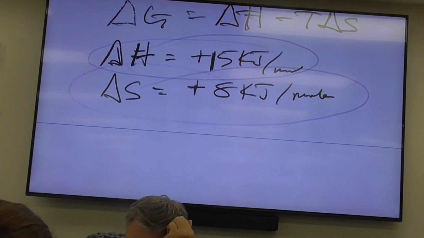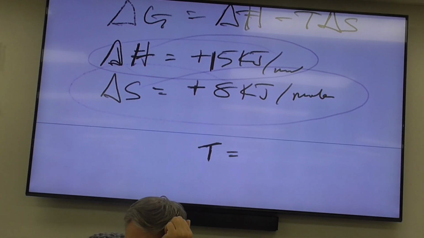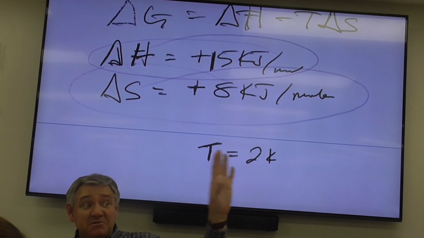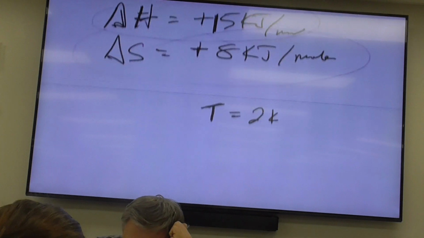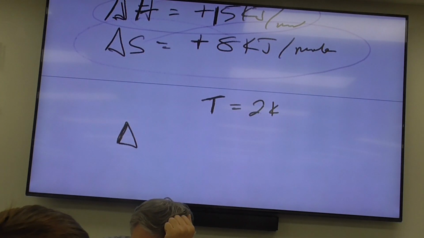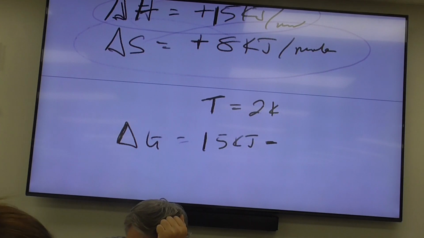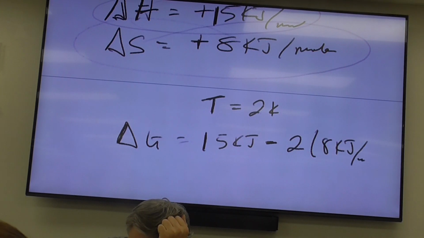So here's what I'm going to do. I'm going to let, for the sake of argument, the temperature be 2 Kelvin. Okay? The math is going to work out. So I'm going to have delta G equaling 15 kilojoules per mole minus 2 times 8 kilojoules per mole.